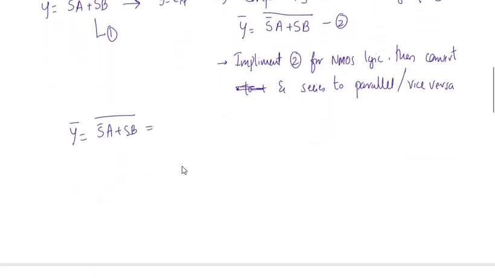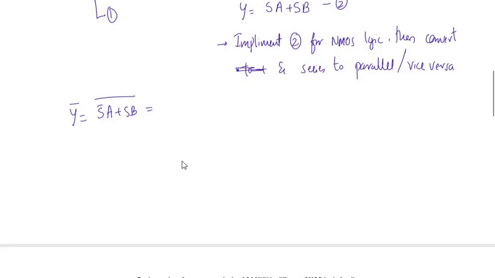So my circuit will look like this. Here I have dot, that means they are in series, plus means they are in parallel, and first I'll be going ahead with respect to NMOS.